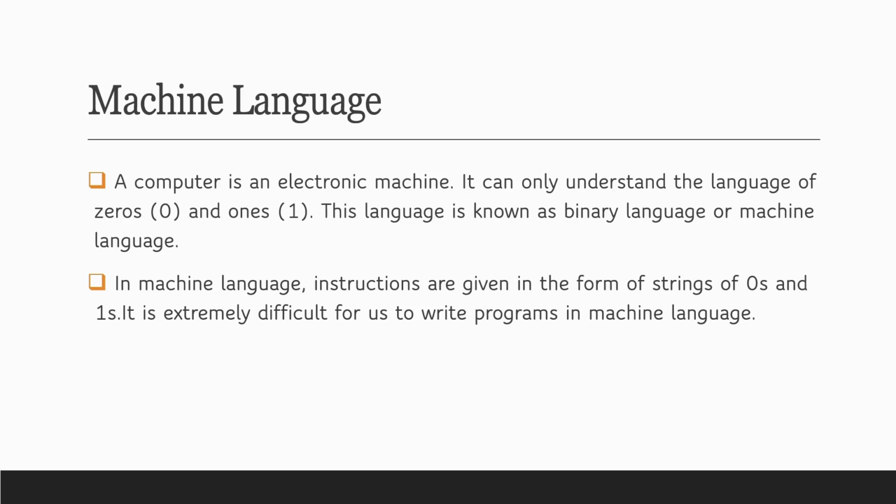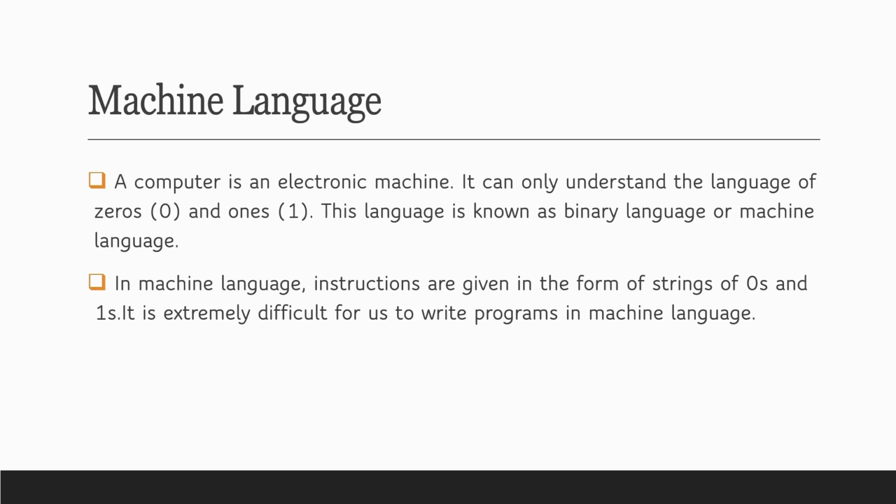This is called binary language or machine language. In machine language, every instruction is written as a long string of zeros and ones, that is, a collection of zeros and ones.